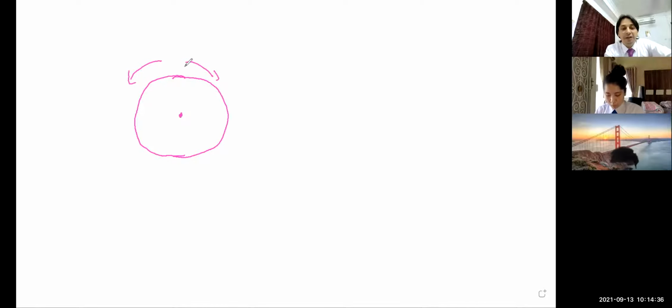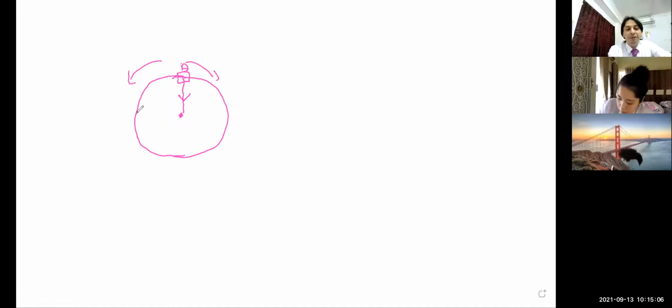Suppose at any instant of time, the object is here at point A. At point A, what will be the direction of force? As I said earlier, there will be a centripetal force which acts toward the center. So you need to draw this arrow to represent the centripetal force acting toward the center.